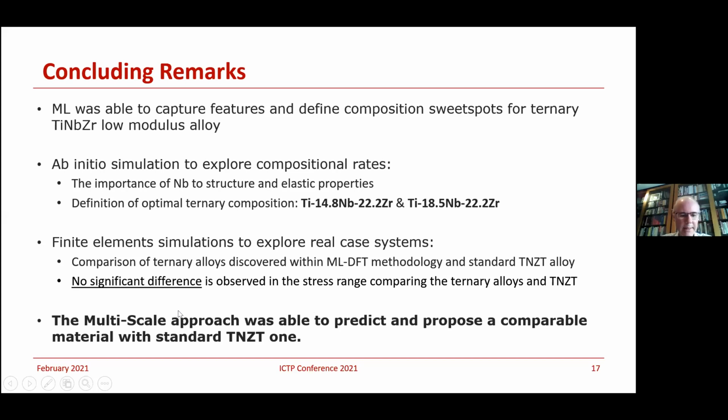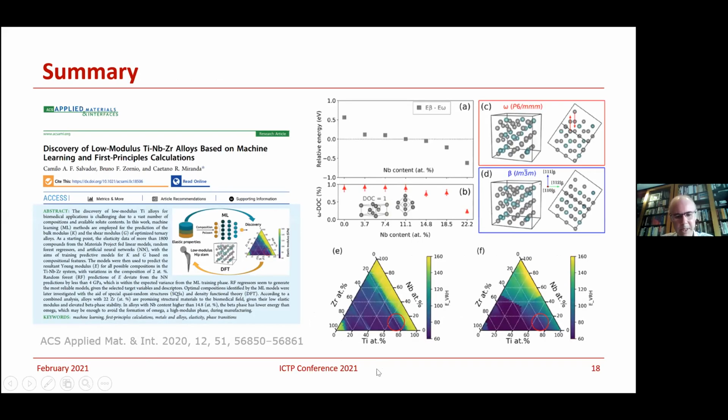So, as a take-home message, this multi-scale approach allows us to predict and also to propose a comparable material to the standard TNZT. And now you are trying to see if you could synthesize those and make a real application. So this has been shown in this paper.